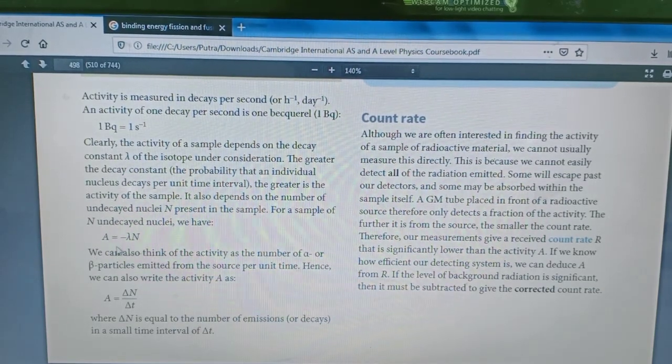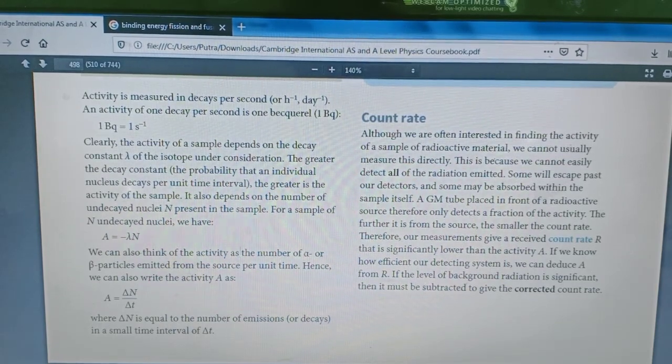We can also think of the activity as the number of alpha or beta particles emitted from the source per unit time. Hence, we can also write the activity A as delta N over delta t, where delta N is the number of emissions or decays in a small time interval delta t.